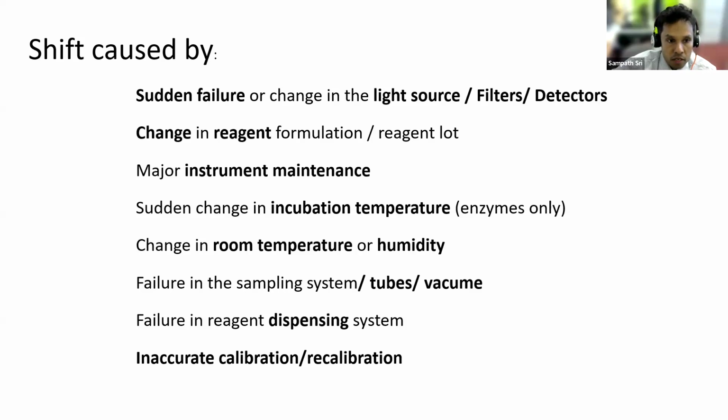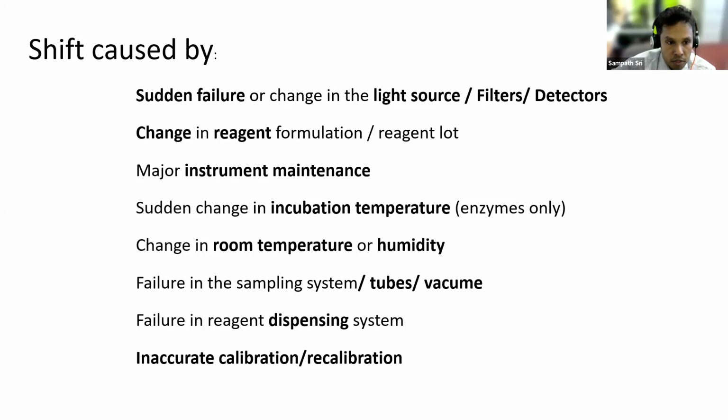Even a change in room temperature or humidity can give us these problems. Then if we have a failure in our analytical process, like in sample tubes or vacuum, again we can see these results as a shift in our QC process.